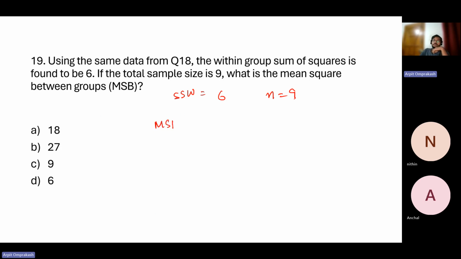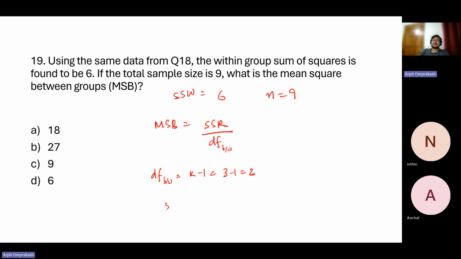The mean square between groups is nothing but the sum of squares between groups divided by the degrees of freedom between groups. So degrees of freedom between groups will be K minus 1, which in our case, with 3 treatments A, B, C, is 3 minus 1, which is 2.